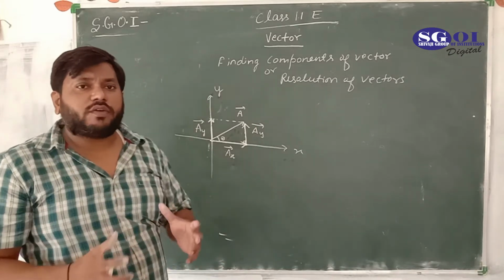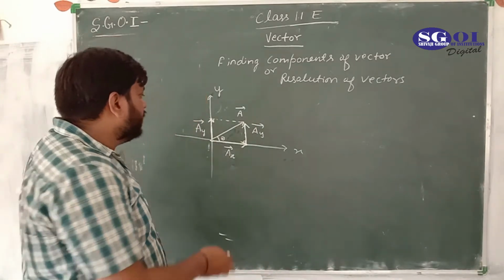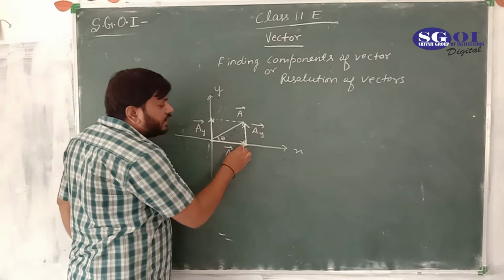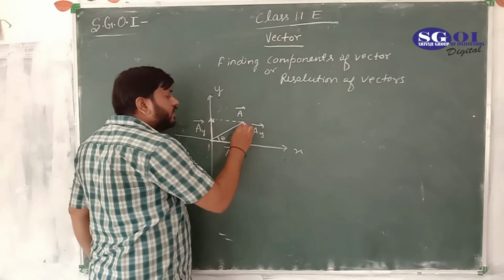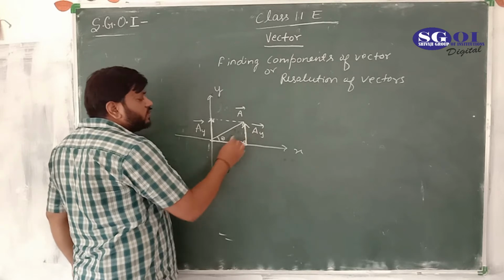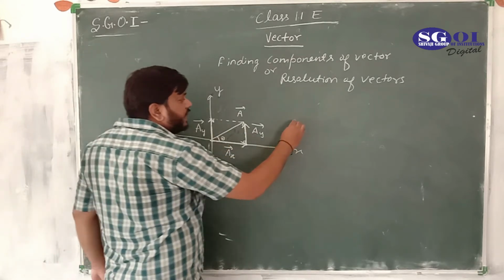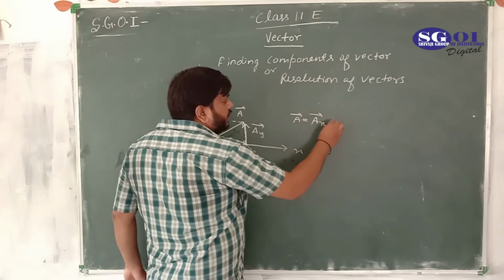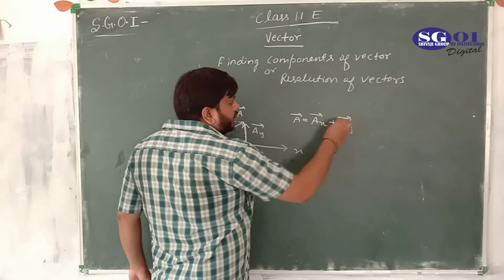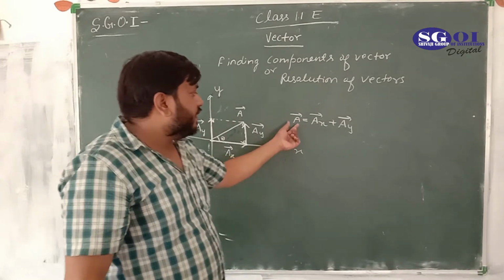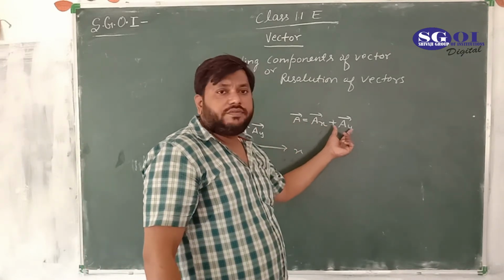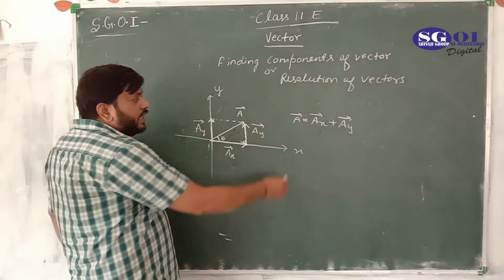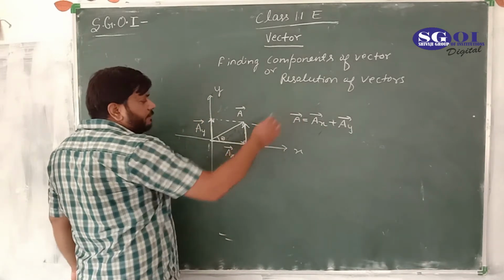From the vector concept, from here we move in this direction along the vector, and from here again we move along the vector direction. It means the sum of these two vectors is equal to this vector. So we can write vector A equal to vector Ax plus vector Ay. It means this vector is the addition, or resultant, of these two vectors. So they are the components of this vector A.